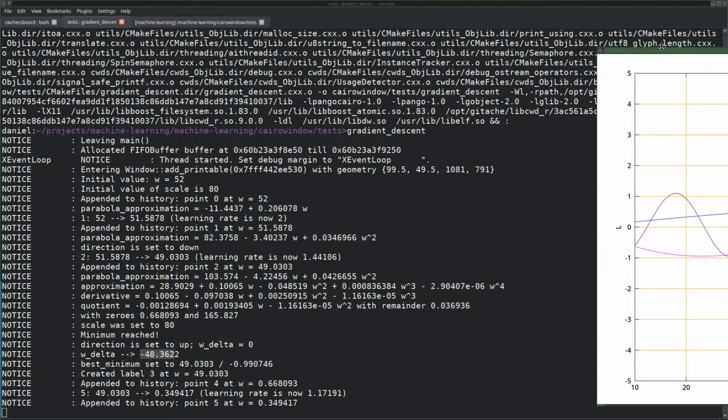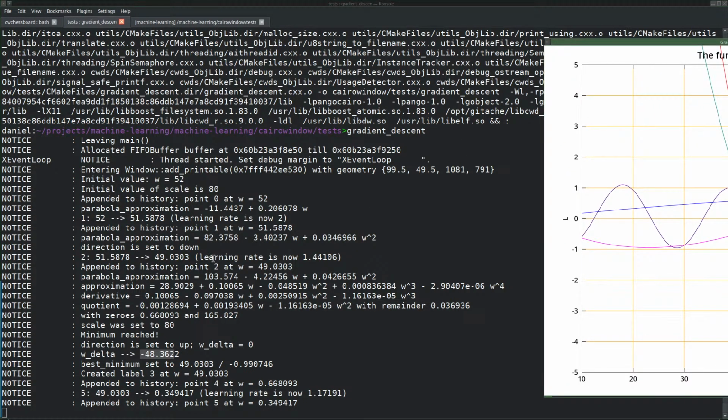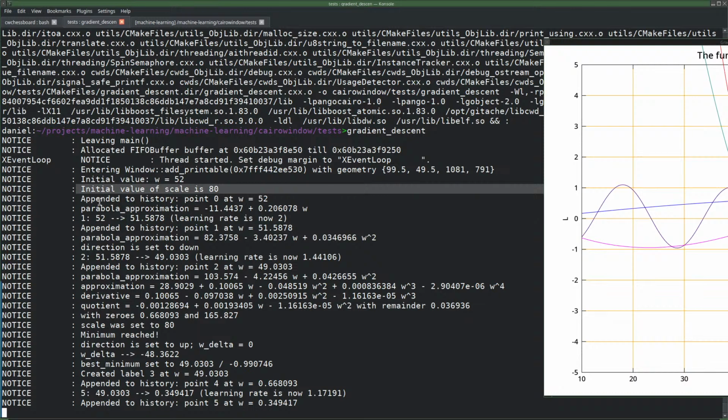That is bullshit. Skill was set to 80. What's the initial skill? Oh, okay. Initial value set to 80.